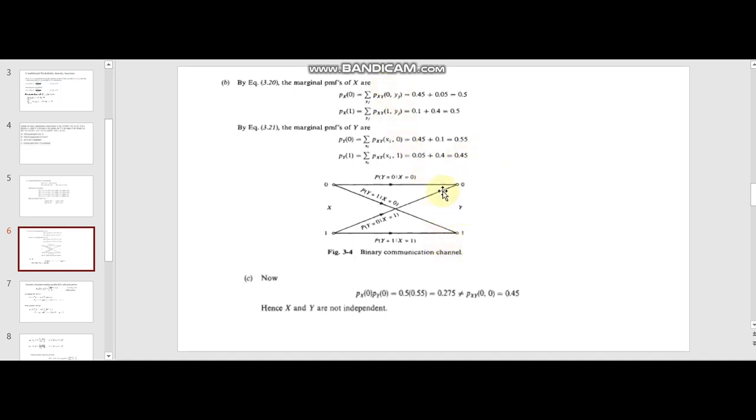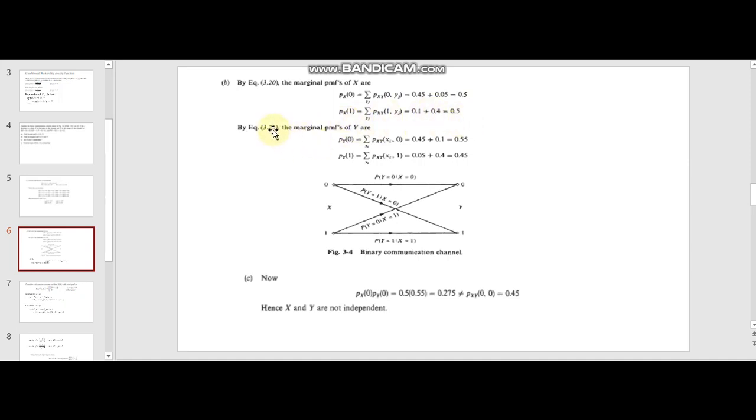So the joint probability when x is equal to 0 and y is equal to 0, we have already found out, that is 0.45, and the joint probability of x is equal to 0 and y is equal to 1 was 0.05. So the total marginal probability mass function for x is equal to 0 is 0.5, and similarly we can find the marginal PMF of x is equal to 1, that is 0.5.